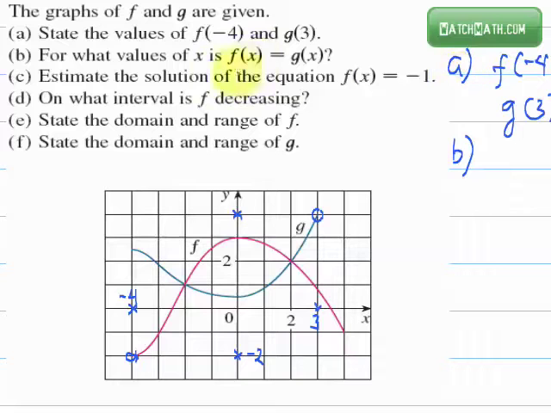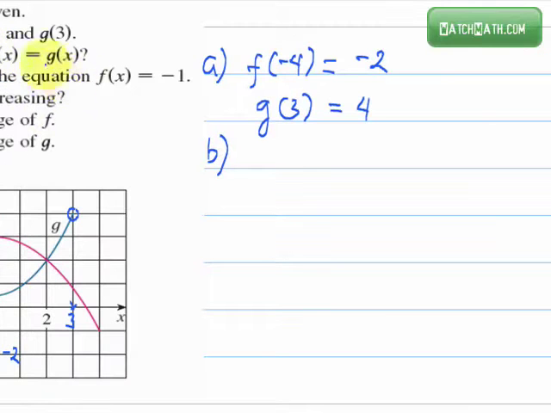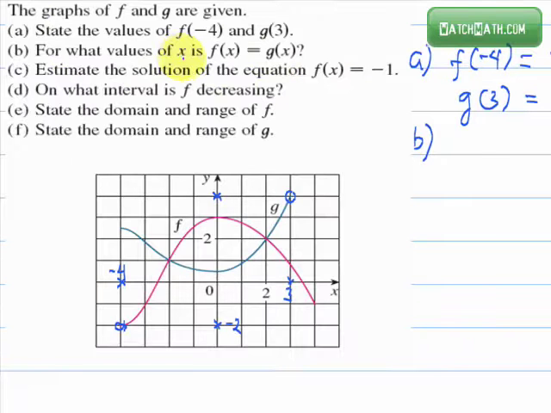Okay, next question. For what values of x is f of x equals g of x? Basically, this is asking what is the x coordinate when f and g intersect.